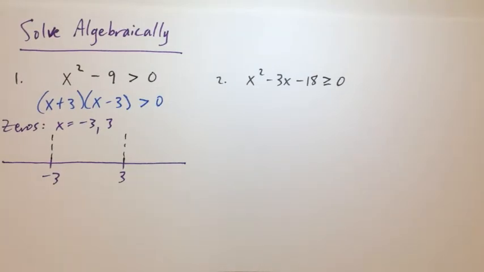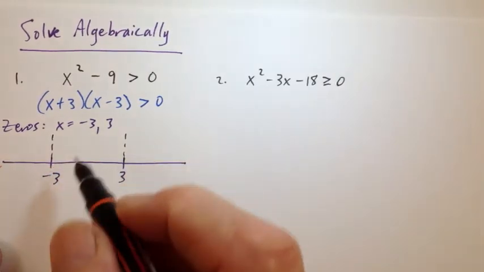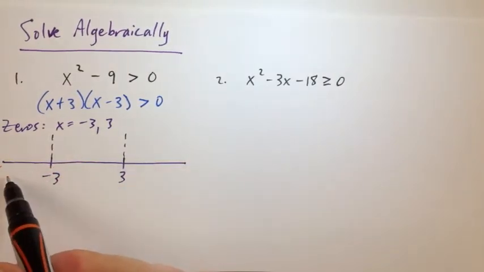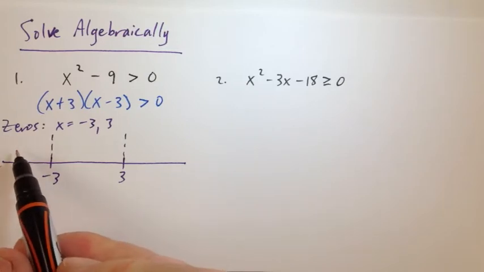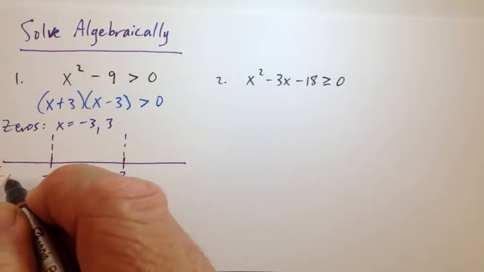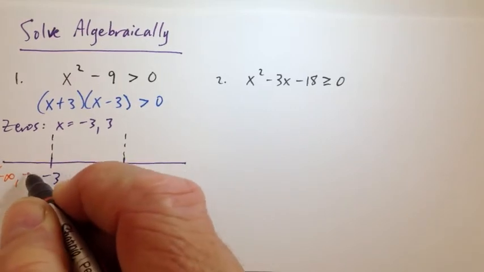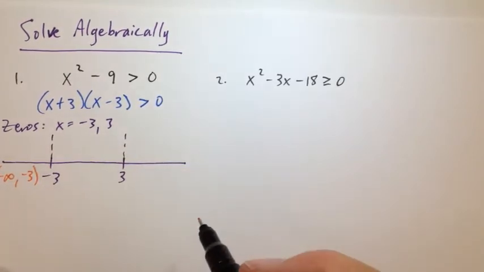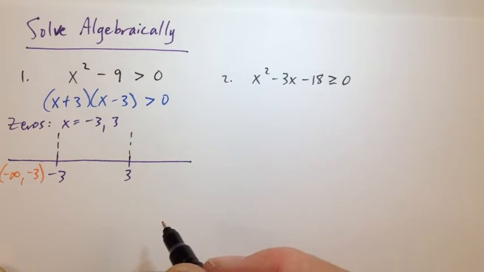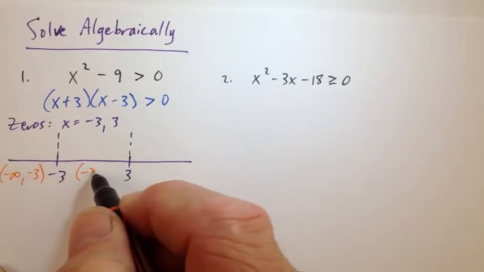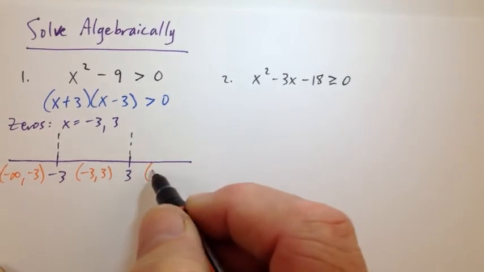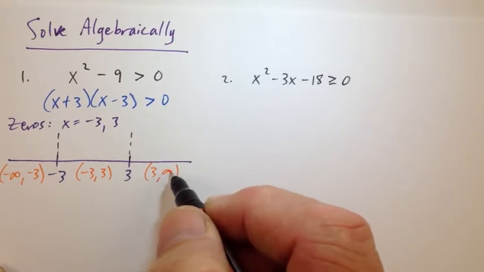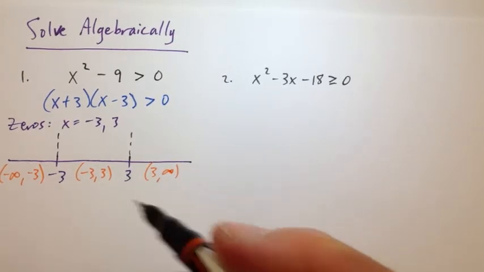The interval to the left of negative 3 is where the function's values are either going to be positive or negative, and that interval is from negative infinity to negative 3. The interval in between the two would be from negative 3 to 3. And to the right of 3, that's the interval from 3 to infinity.